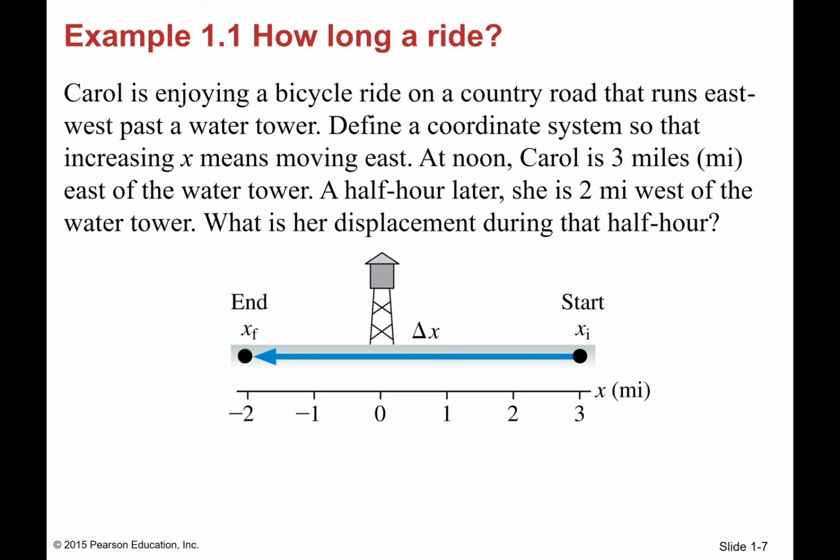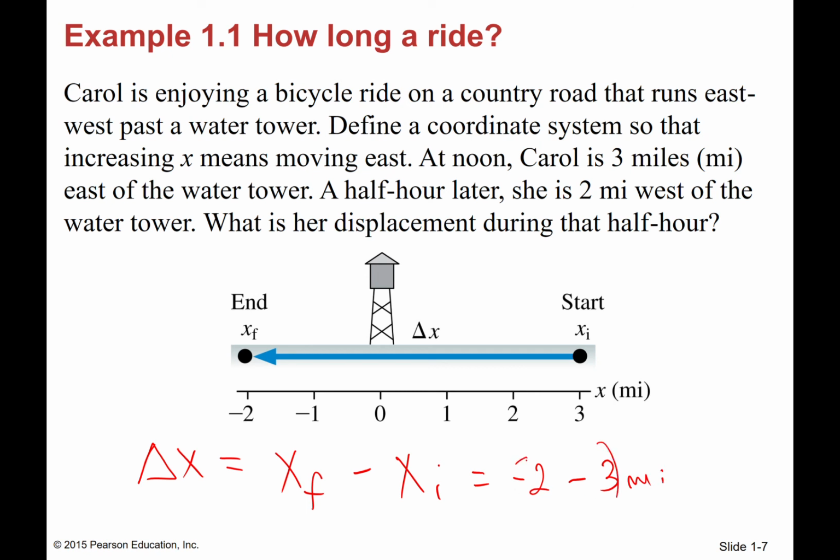What is her displacement? Well, her displacement is just delta x, right? That is the change in position, the displacement, and it is the final position minus the initial position, which is equal to what? Well, the final position is minus 2 miles minus the initial position, which is 3 miles.